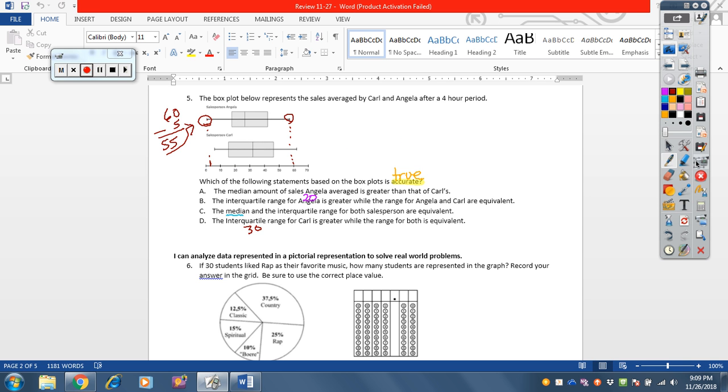You're going to have to figure out what Carl's is. For Carl, you have 65, 62, minus 5. So the interquartile range for Carl is greater, while the range for both is equivalent. You're going to have to decide which one of those is true.